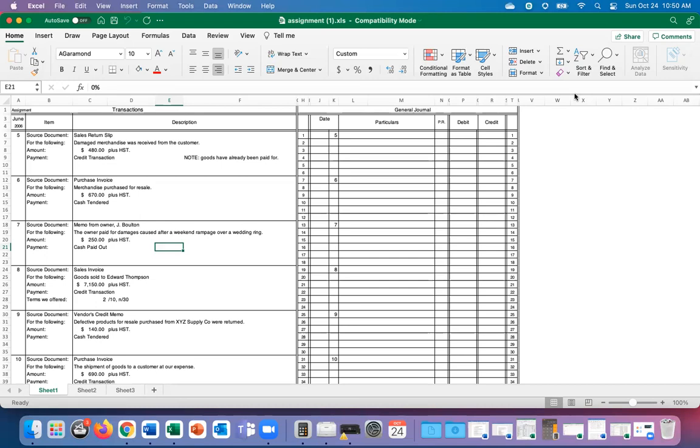The only other thing that I'm going to do is the third transaction, the June 7th one. The description of it doesn't really make sense, or it didn't really make sense to me. So I'm going to go ahead and do number 3 for you, or I'll show you how to do it, and then you can take my answers for that one, just because, as I say, it's not that clear, and you shouldn't be penalized for something that's not all that clear.